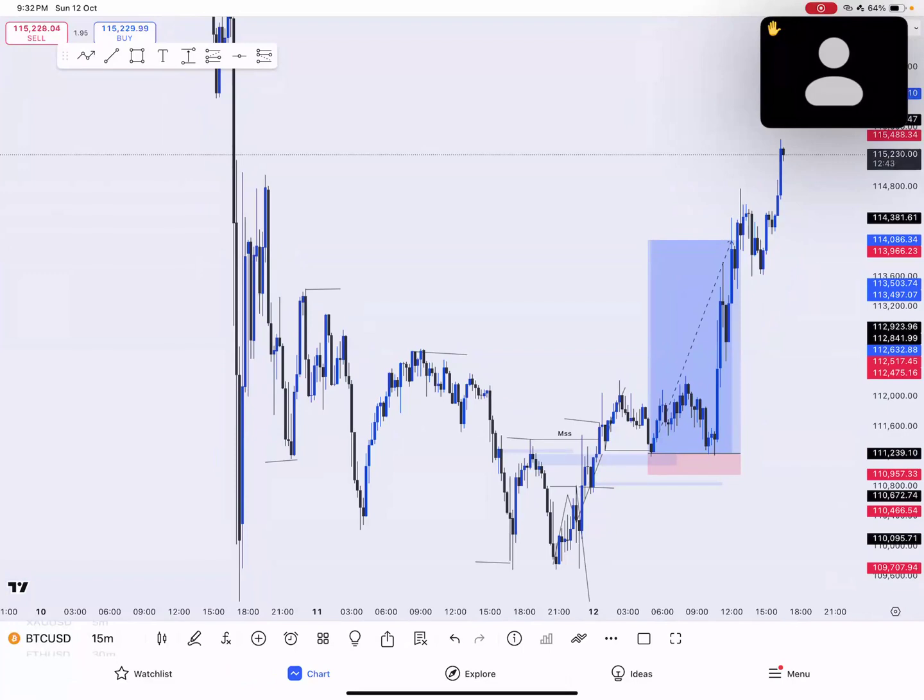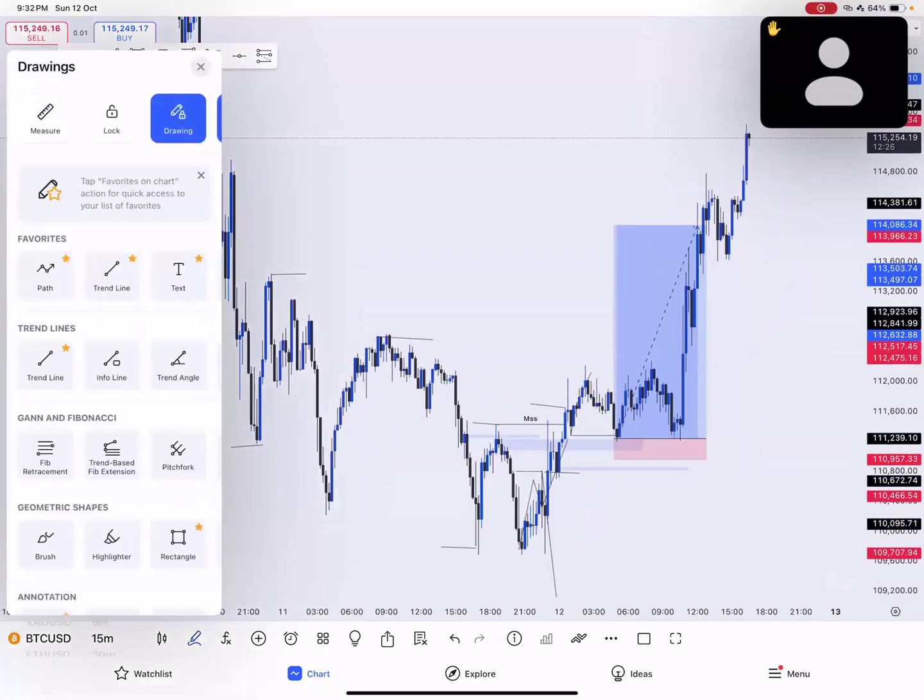Should we consider the first double break of structure or the second one? The first one, obviously. Even if we are getting other double break of structures, we'll ignore them. You take the first one, the most valid one.